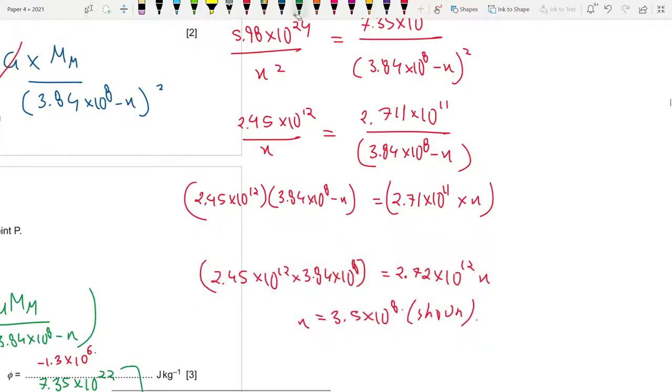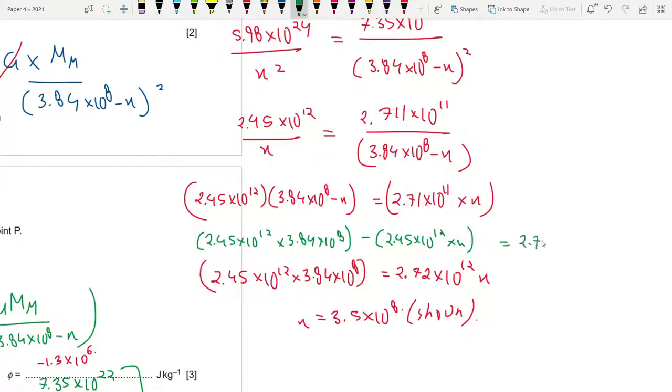The next step should go like this: 2.45 into 10 to the power 12 into 3.84 into 10 to the power 8 minus 2.45 into 10 power 12 into x is equal to 2.71 into 10 power 11 x. So I basically move that to the right hand side.